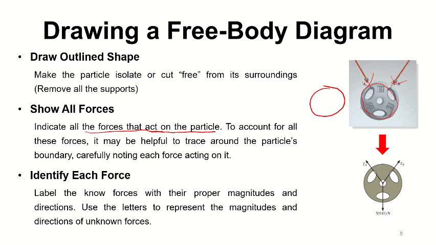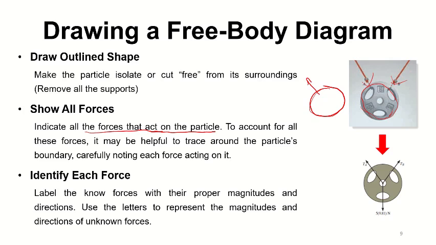So what are the forces acting on this steel wheel? You can see there is a cable. We learned that the force is along the cable, so there is a force in this direction.